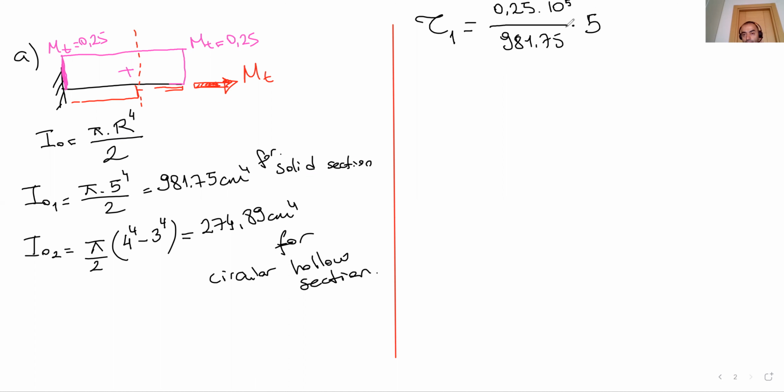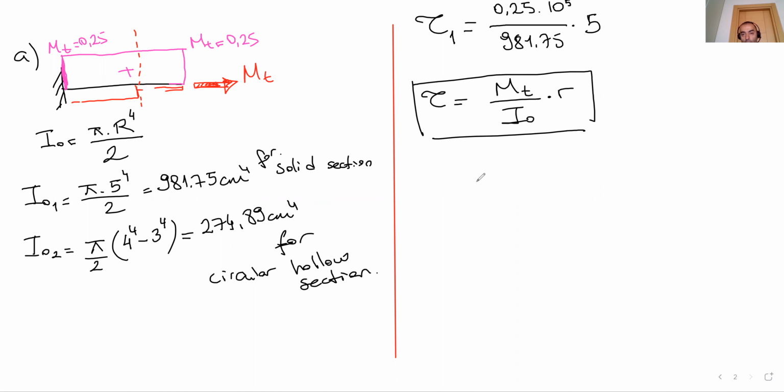So the general equation, let me write the general equation, by the way: tau is M torsional over I0 times R. Okay, we are following this equation.